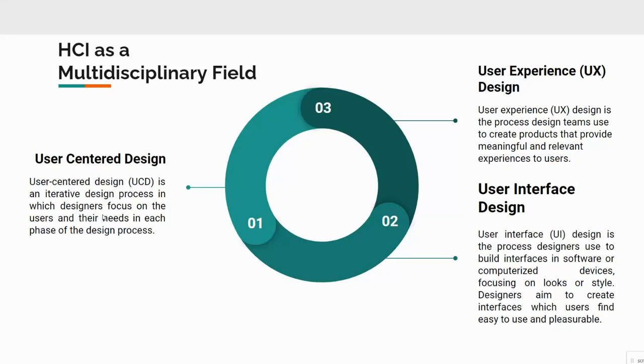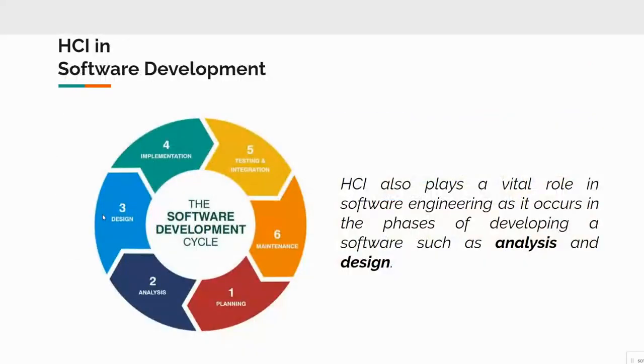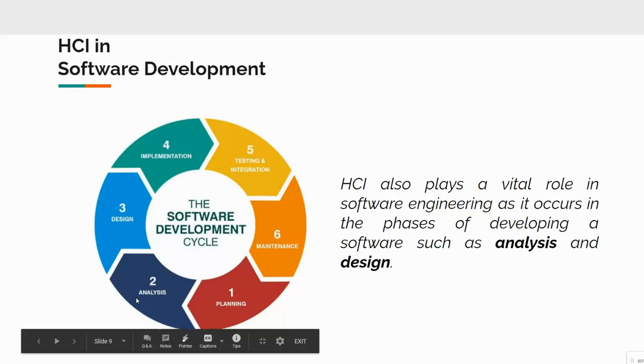So user-centered design is a process, just part of HCI, that tells you to focus on the user. So investigate, discover, collect, interview, conduct surveys, and so on, when you gather data about what the user wants. If I take you back to this figure, this happens in phase 2 or analysis.